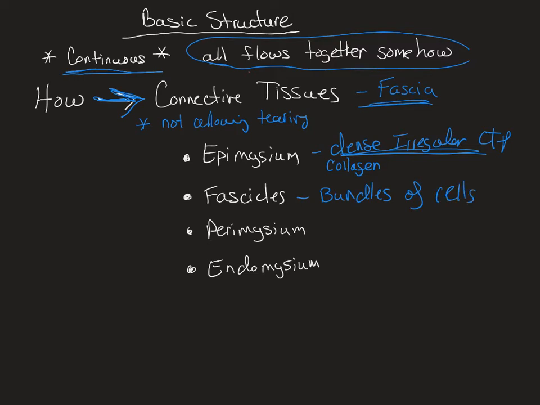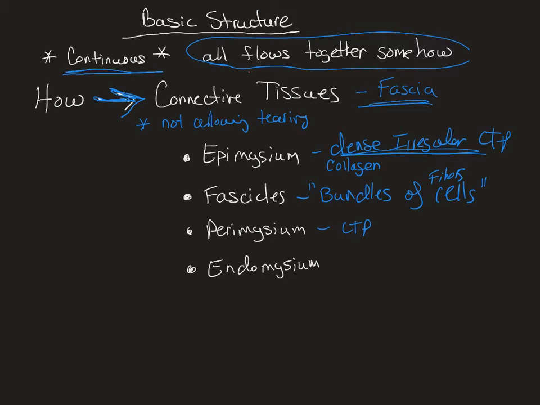The word fascicle is a fancy word. And this fancy word means a bundle of cells, okay? Or a bundle of fibers. Surrounding each fascicle is another layer of connective tissue proper. And it can be dense irregular or it can be dense regular.